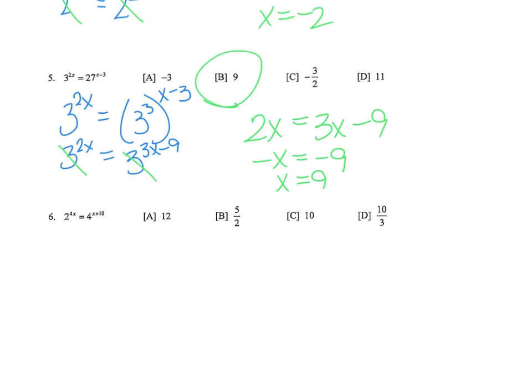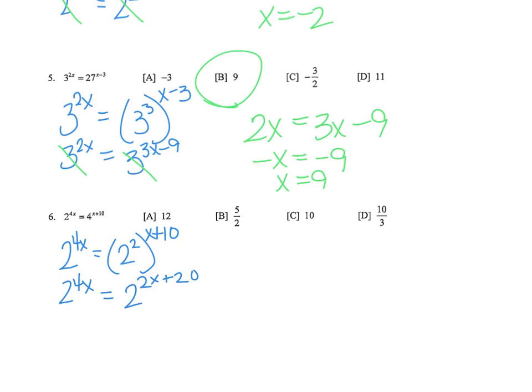Common base 2 and 4 is 2. 2 to the first, 2 squared. 2 to the 4x I can leave, equals 2 squared to the x plus 10. Simplify your powers. 2 to the 4x equals 2 to the 2x plus 20.